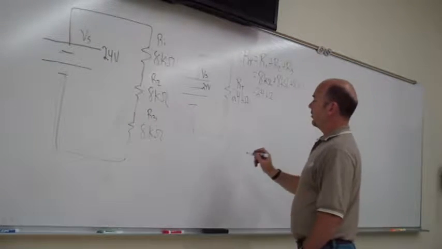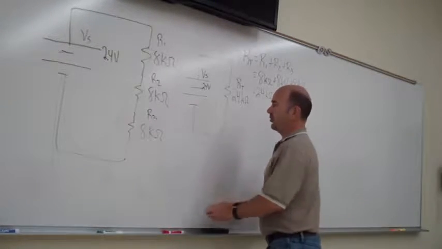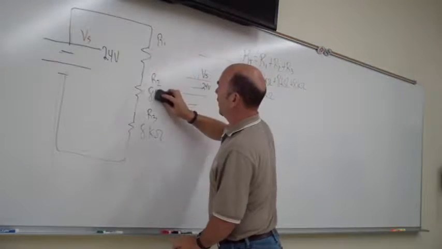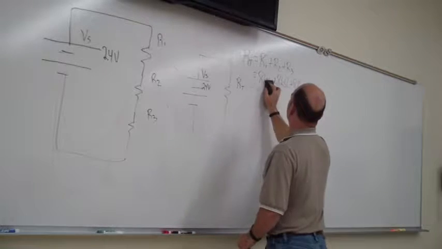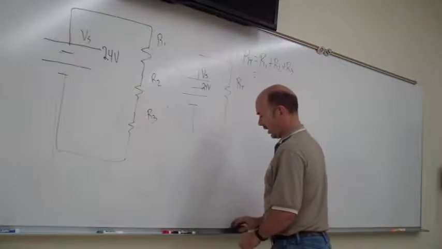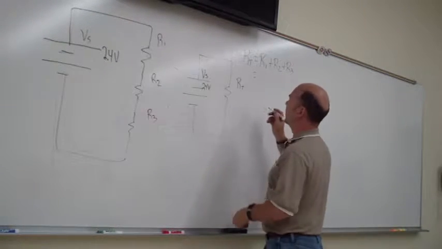So if I had a number of resistors in a series circuit, it wouldn't matter what they were or how many were in there. If I had 3, I'll just leave 3 up there.